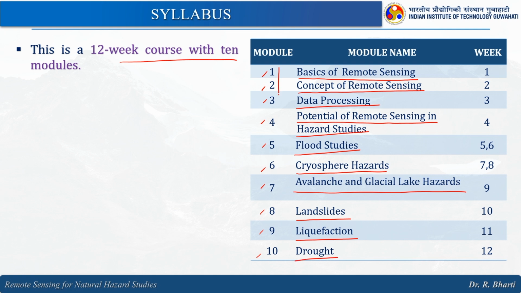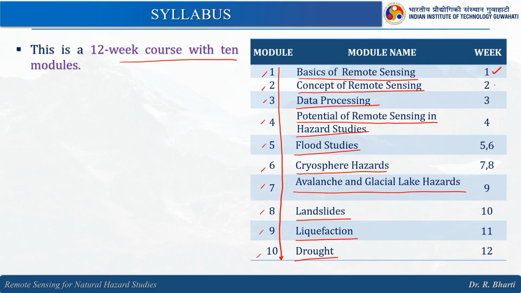All these modules have been divided into different lectures, right? So here you can see week 1, 2, 3, 4, 5, 6 are here, 7, 8 are here, 9, 10, 11 and 12. So there are 12 weeks with 10 modules, right?